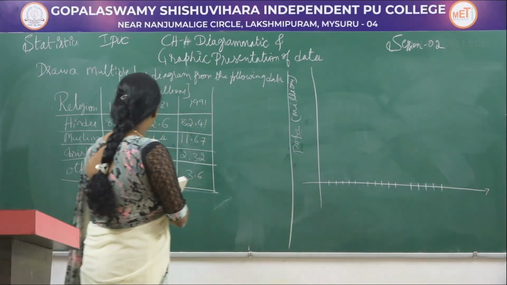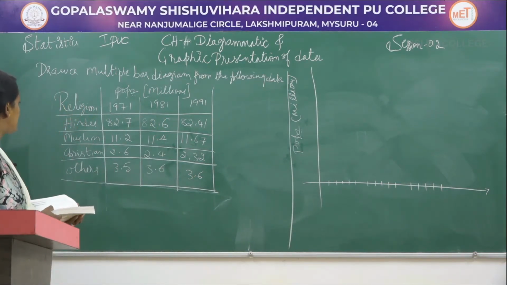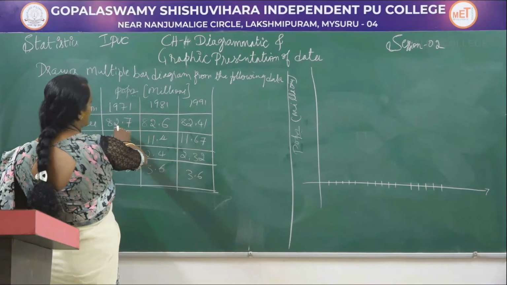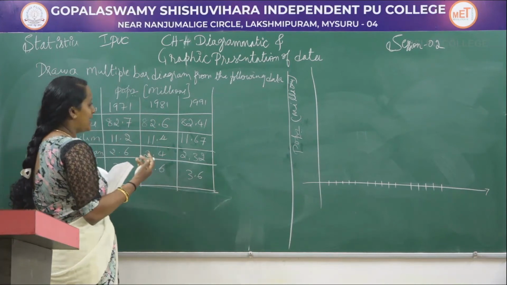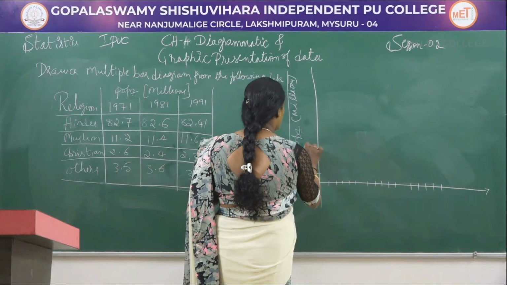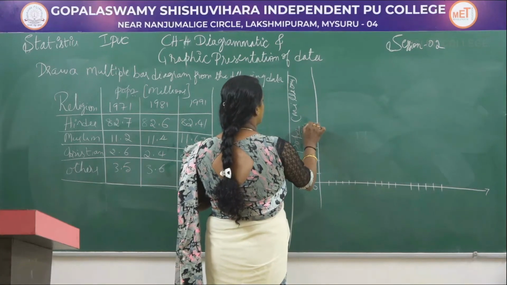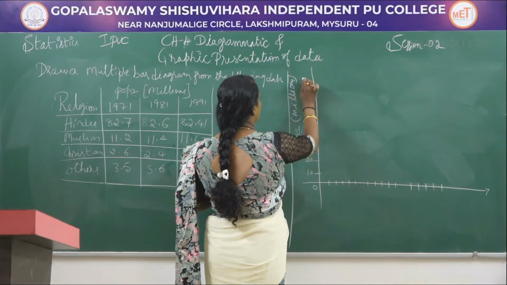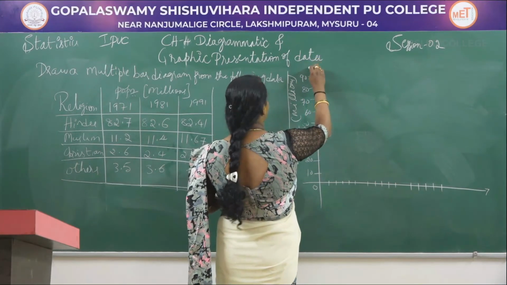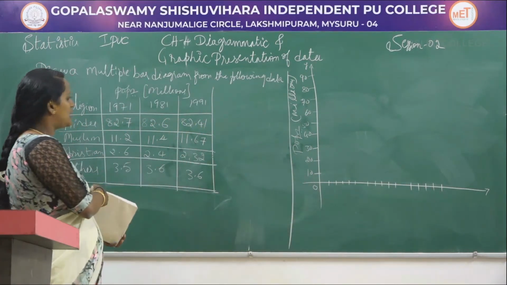Here the population is in millions. The least population is 2.32 and the highest is 82.7. So I'll take 0, 10, 20 like that, up to 90. This is about the y-axis and this is about the x-axis. And now I should divide.